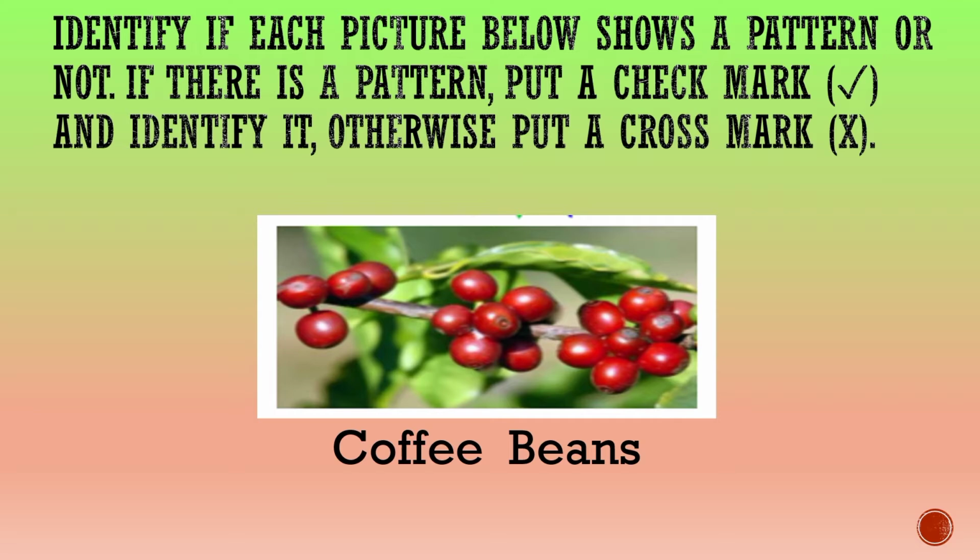The first bunch includes 4 coffee beans. Then the next bunch includes 6 coffee beans. And the third bunch includes 8 coffee beans. So there is a pattern of 4, 6, 8. So your answer must be a check mark.